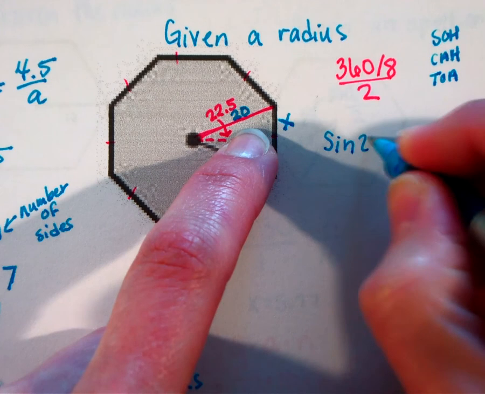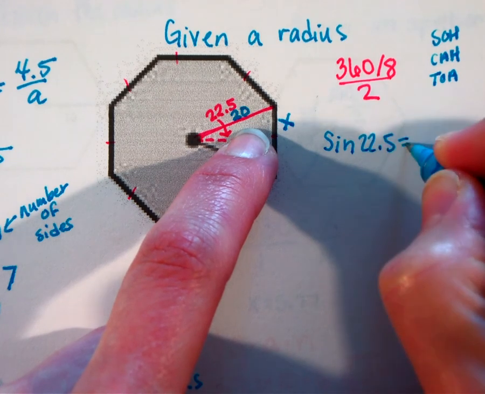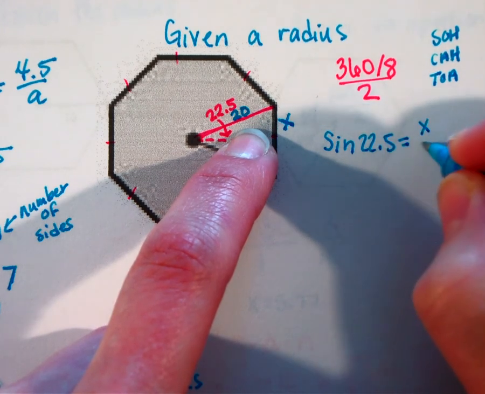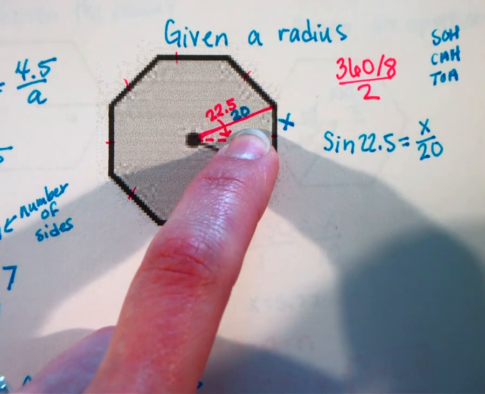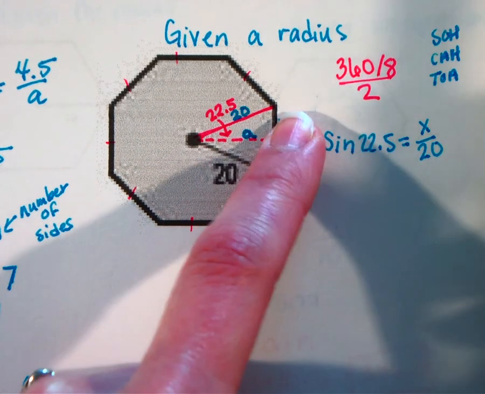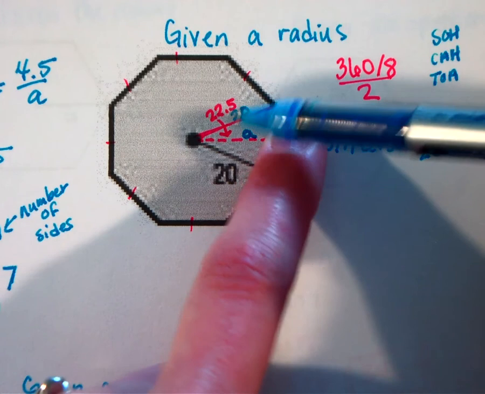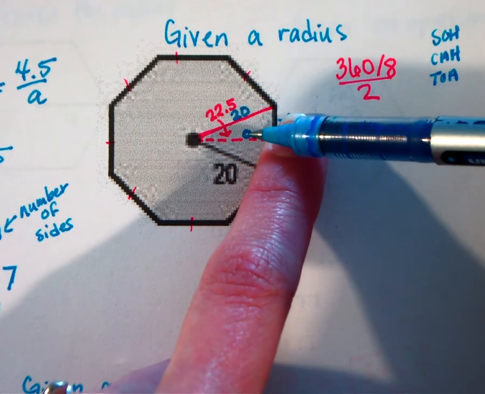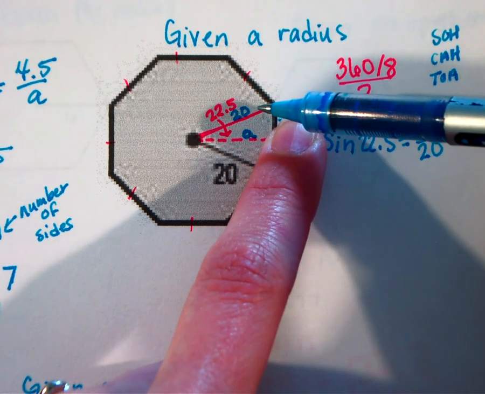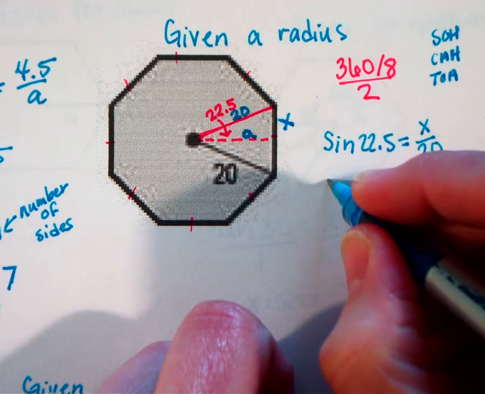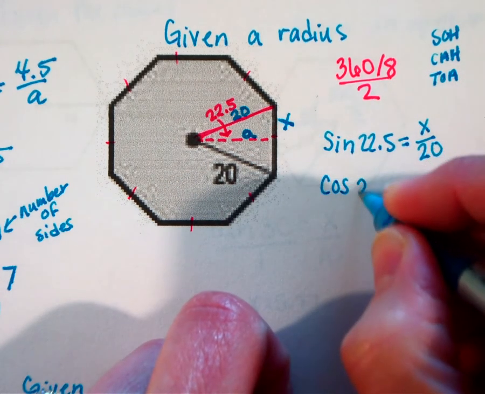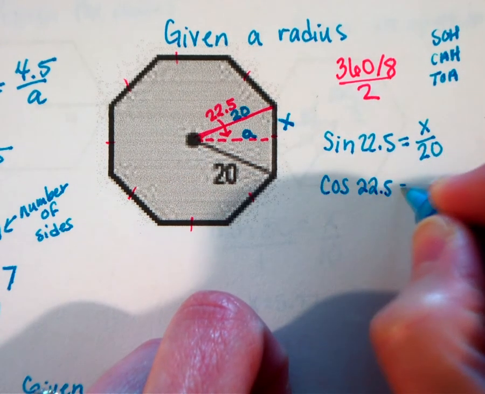So I have to do a sine to find x. Now we have to pretend that x doesn't belong, and we'll do a. A is adjacent and hypotenuse, so that's going to be cosine. So to find a, I'm going to do a cosine.